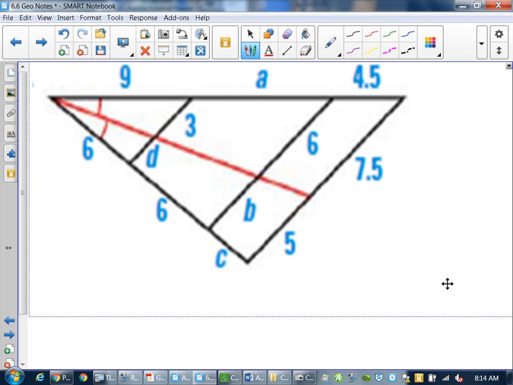Ladies and gentlemen, you're probably going to want to write this one down. Obviously this stuff we've looked at hasn't been overly complex, but sometimes you're going to have to do multiple steps within one of these types of problems.